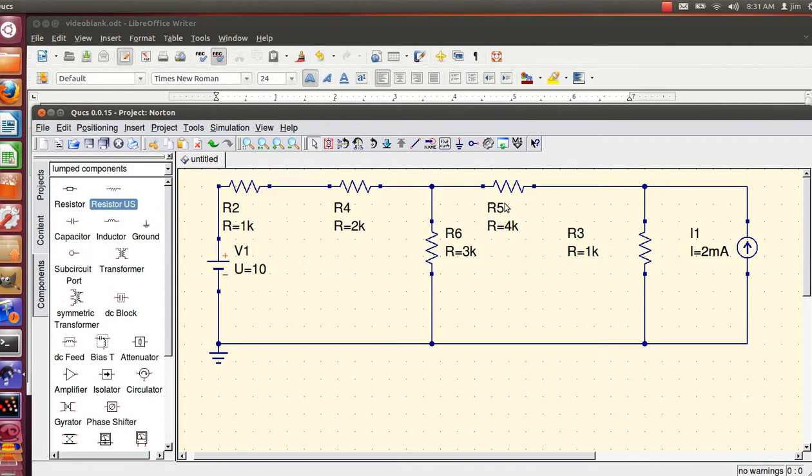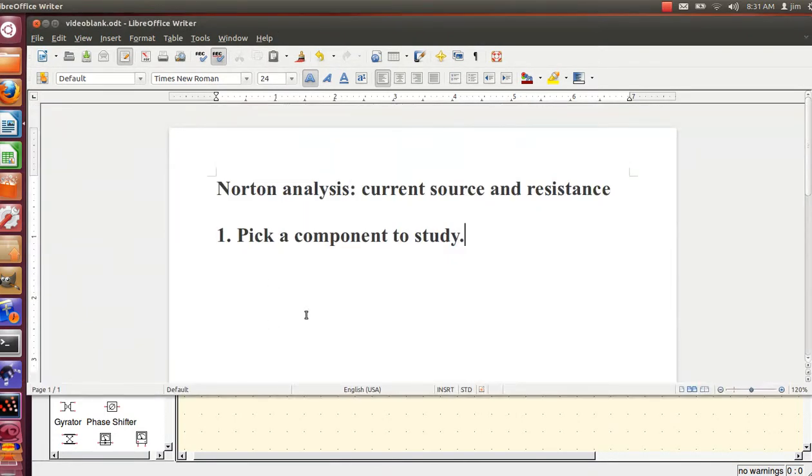Can we do R5? R6, what the heck? We want to pick a resistor to study. Let's pick R6. So going back to this page, in this particular case we're going to do R6. And now we've got our component.